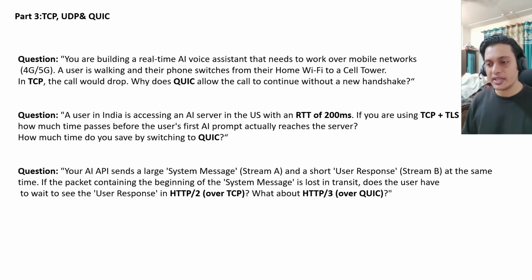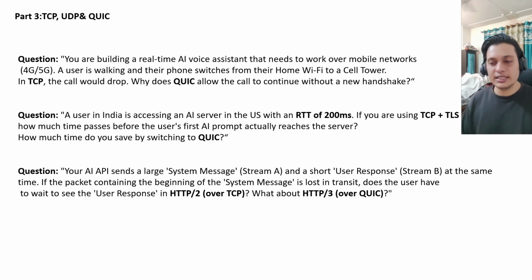Your AI API sends a large system message, stream A, and a short user response, stream B, at the same time. If the packet containing the beginning of the system message is lost in transit, does the user have to wait to see the user response over TCP? What about over QUIC? As I told you, with TCP the user has to wait for stream A to be completed, because stream B is in the same pipeline and goes in sequence.